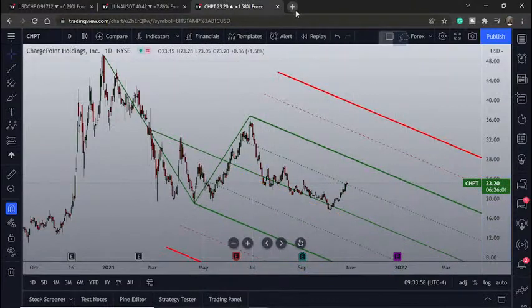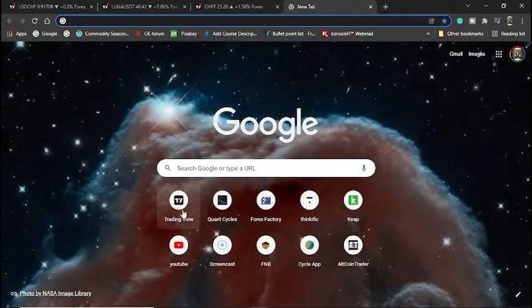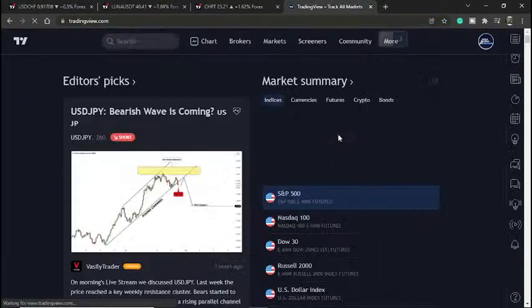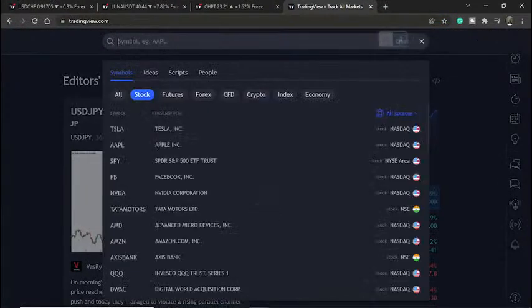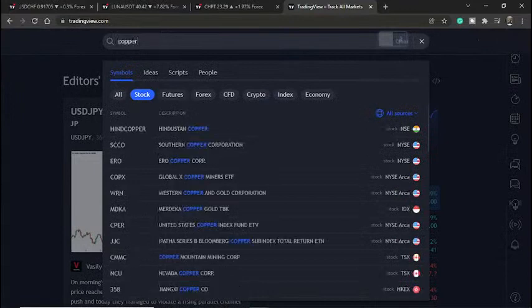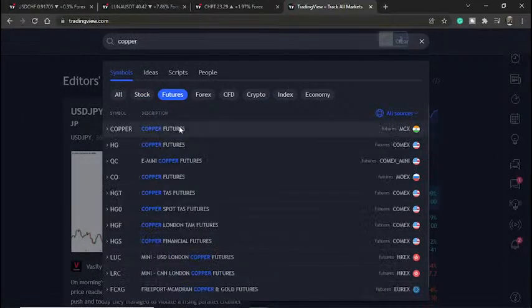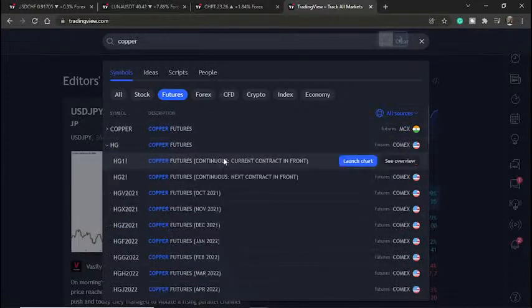A good example of market geometry actually was something on copper that I've looked at earlier today. Oops, not that one. That's on the Indian exchange. We should be looking at high grade copper.